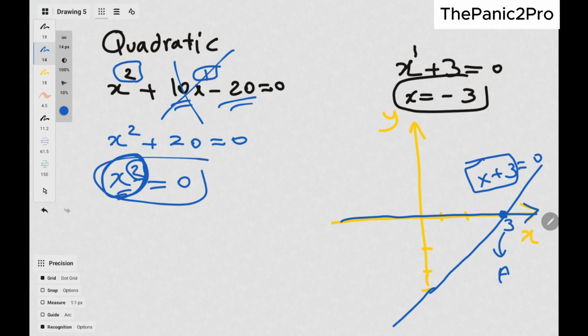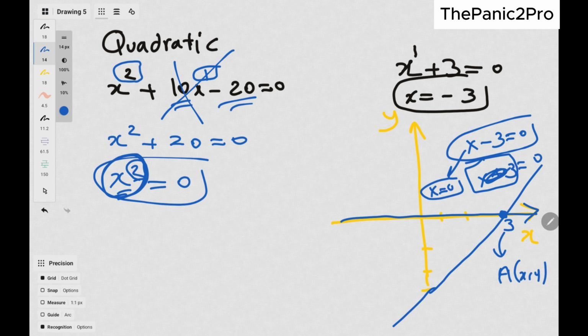Here, if I call it a, it has a coordinate of x and y, and it's called the root of that equation, because if you apply x equals 3 here, this satisfies the equation, and it gets you 0. So if you plot that line and it hits the x-axis, that is called the root. And for linear equations, you only have one root, right?